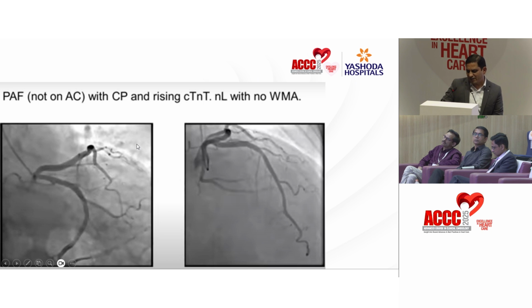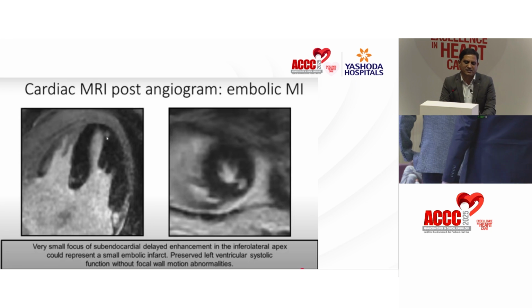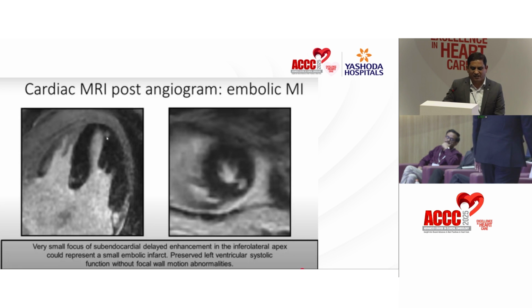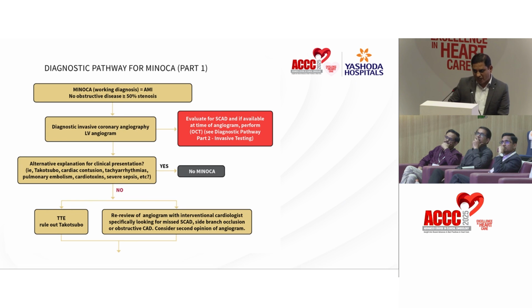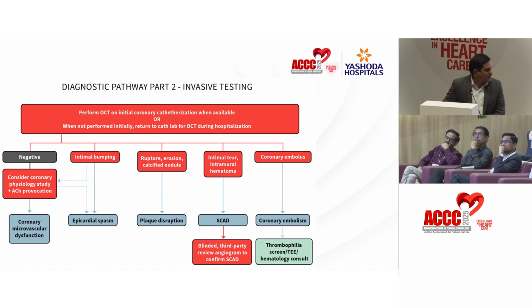Upon further evaluation, the angiogram appeared normal, but MRI showed a typical focal infarction area suggestive of embolism as the cause of infarction, and we started anticoagulants in that case, not antiplatelets or anything.